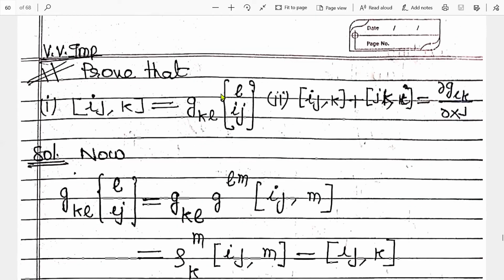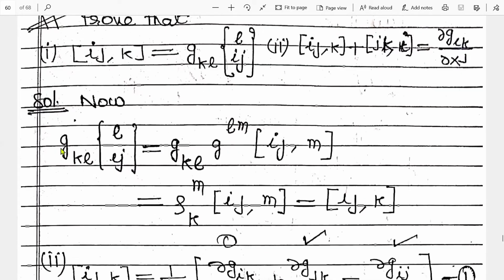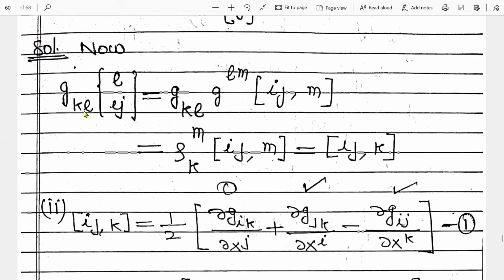After that, the first kind symbol [ij,k] is represented in terms of the second kind. So this can be written as g_kl times {l,ij}. Now we take the right hand side, which will become g_kl {l,ij}.